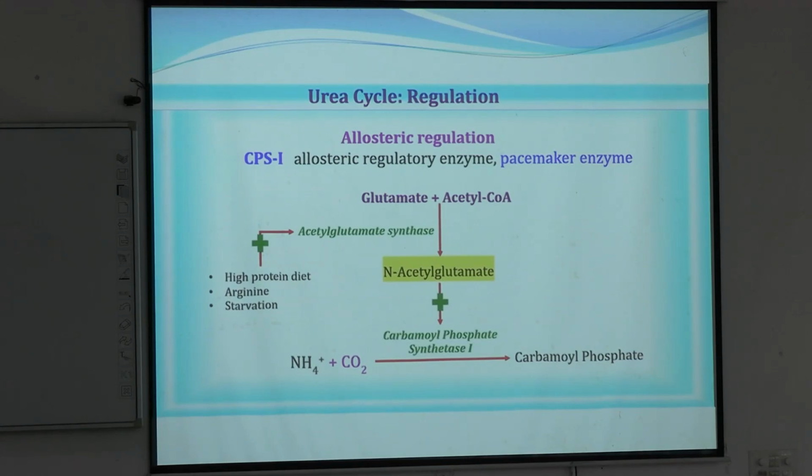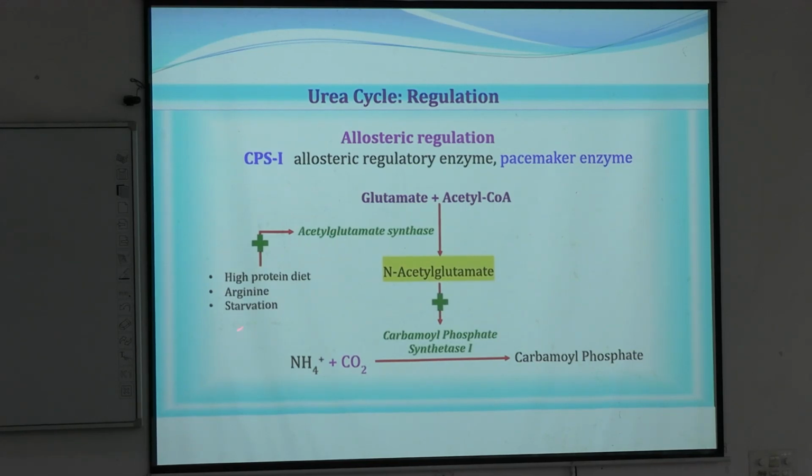N-acetylglutamate. Here glutamate and acetyl-CoA will form N-acetylglutamate by the enzyme acetylglutamate synthase, which will bind with carbamoyl phosphate synthetase because it is an allosteric activator. So allosterically it will promote the formation of carbamoyl phosphate.